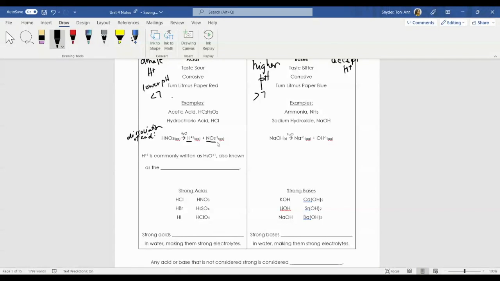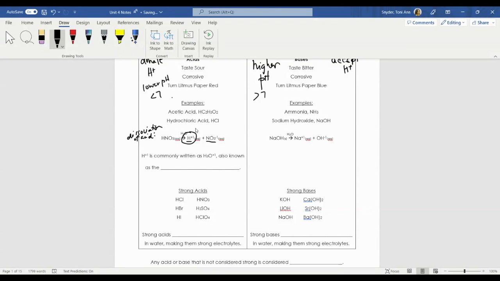This right here is why nitric acid is an acid. I have a high concentration of protons right there. I'm producing protons when this dissociates. Because I'm producing those protons, nitric acid is an acid. The extent to how many protons come out of that dissociation determines the strength of the acid, which we'll get into in a little bit.